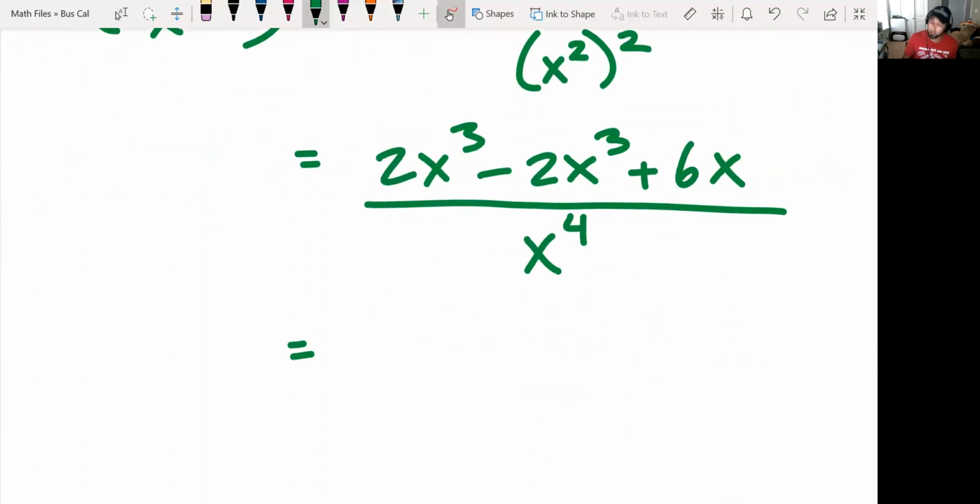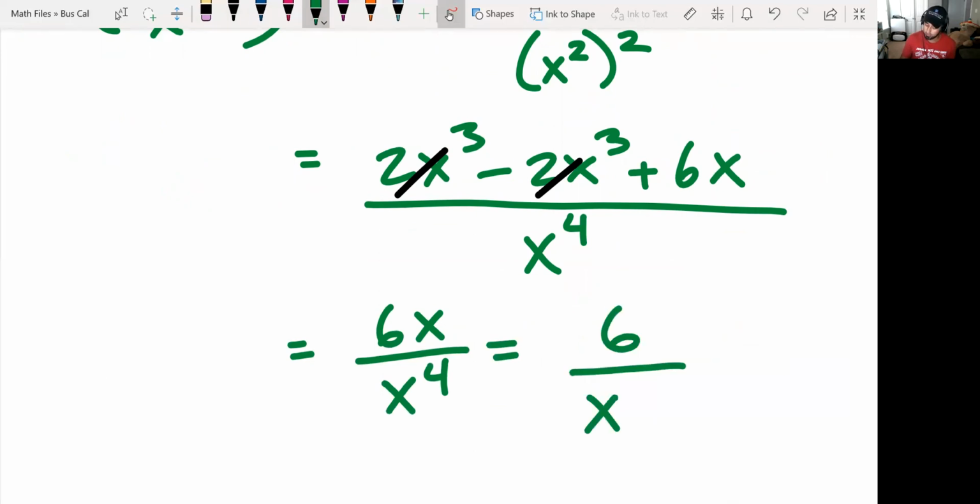And then your 2x cubes will cancel. Gone, gone. And we get 6x over x to the fourth, which reduces to 6 over x cubed.